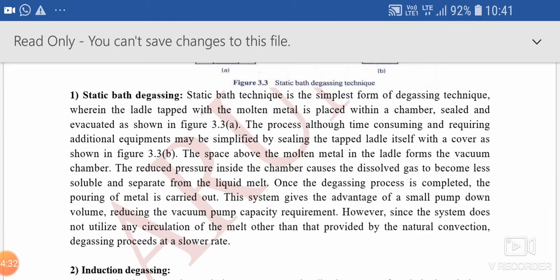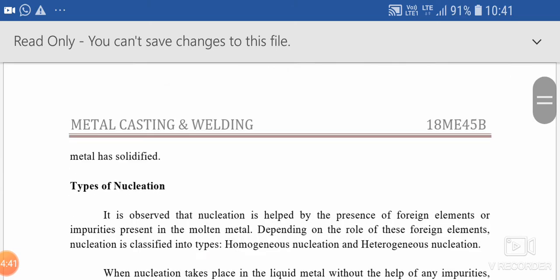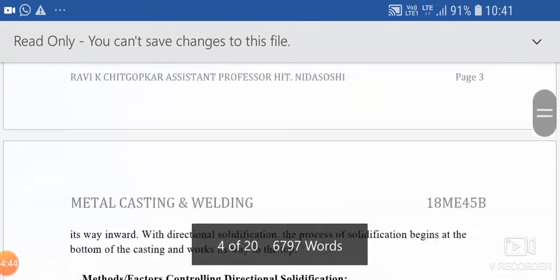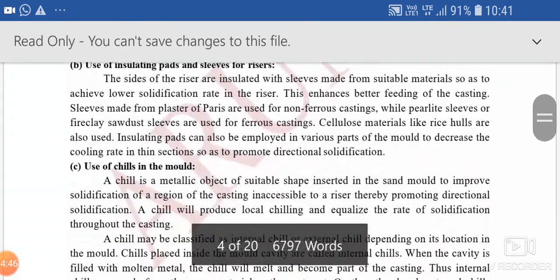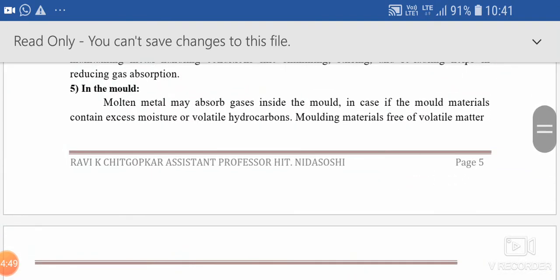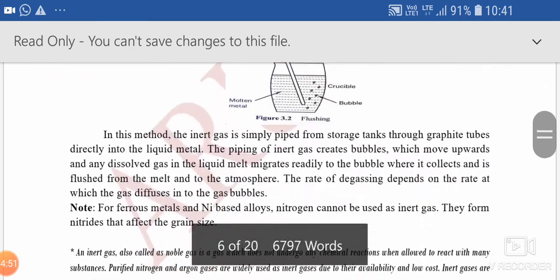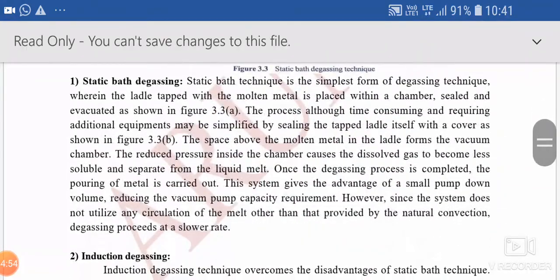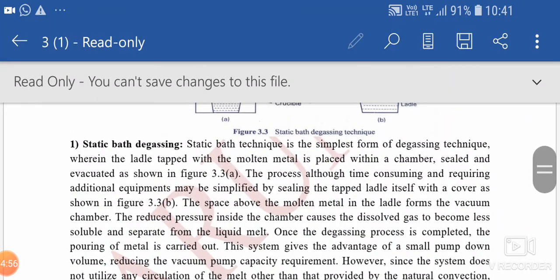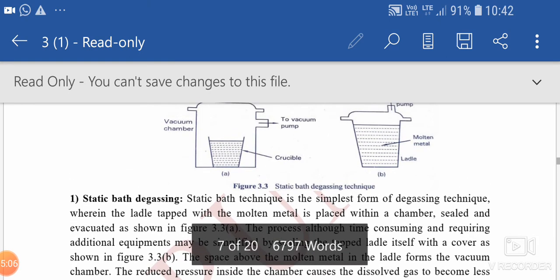The process, although time consuming and requiring additional equipment, may be simplified by sealing the tap ladle itself with a cover, as shown in figure 3.3b.